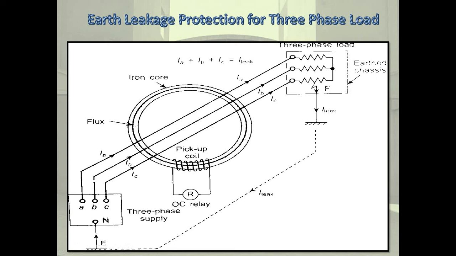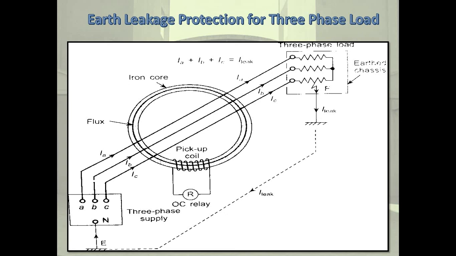In the earth leakage protection for three-phase load, under normal operating conditions, the phasor sum of the line currents is 0, like IA plus IB plus IC equals 0. Thus the net flux in the core is 0. Due to this, the MMF linking with the pickup coil C is 0, and the relay is inoperative.